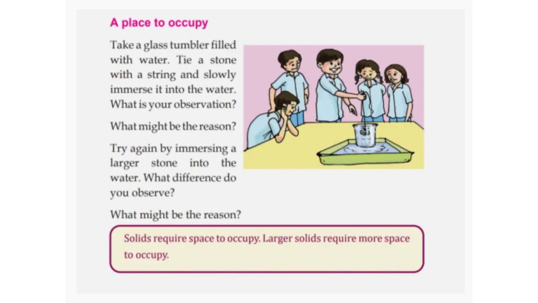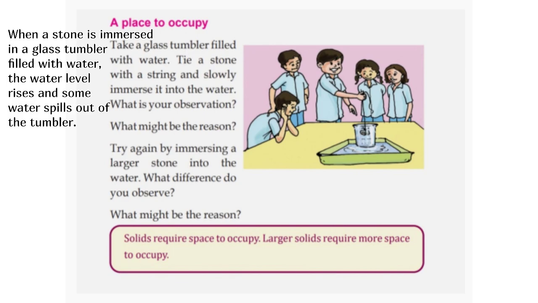A place to occupy. Take a glass tumbler filled with water. Tie a stone with a string and slowly immerse it into the water. What is your observation? When a stone is immersed in a glass tumbler filled with water, the water level rises and some water spills out of the tumbler.